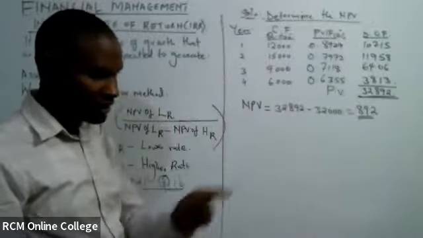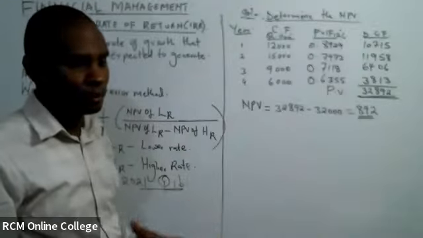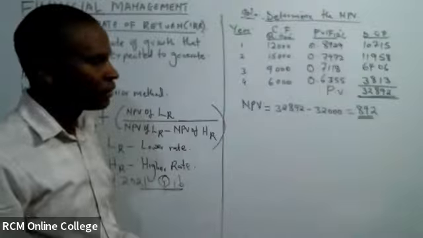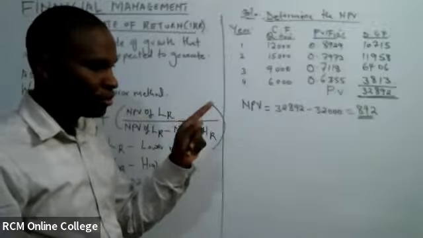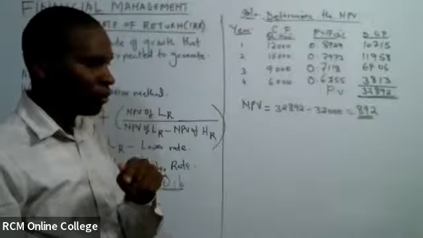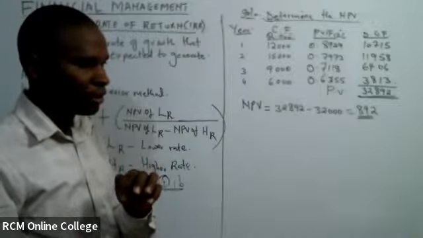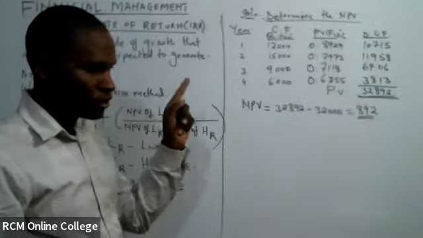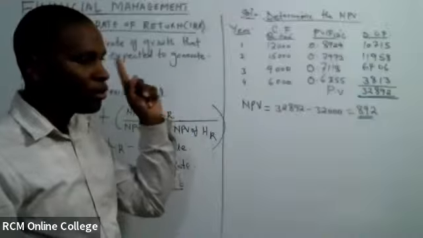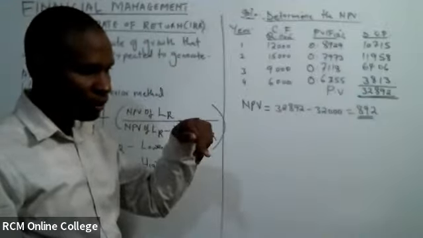Now, what is the next step to take? You get a positive NPV. We said something in our explanation. We say that now we need to change our cost of capital. Are we changing it going upward or downward?